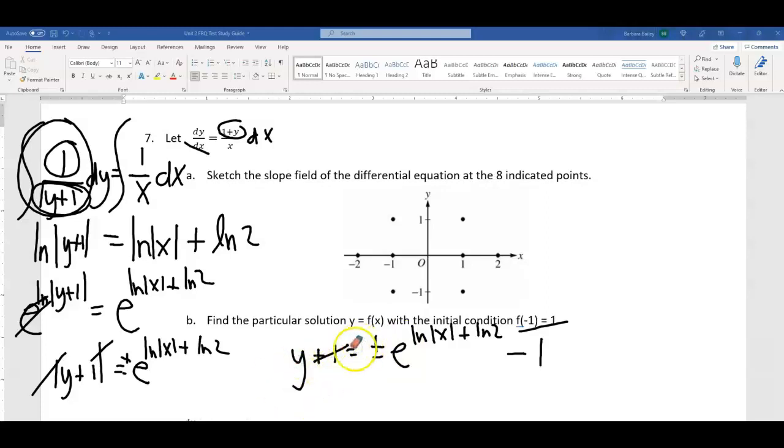Now, let's go ahead and see which one it is. To do that, we're going to plug in our numbers. We're going to plug in -1 for the x and +1 for the y. So if I do that, I get 1 equals plus and minus e to the ln of -1 plus ln of 2 minus 1.